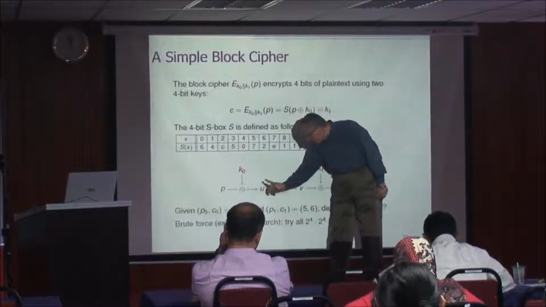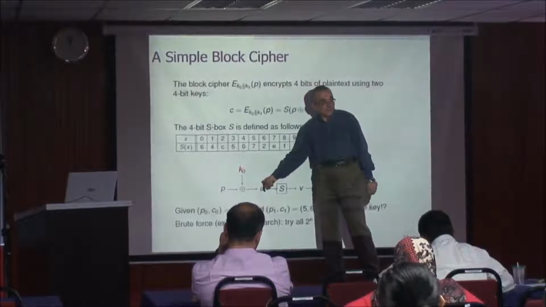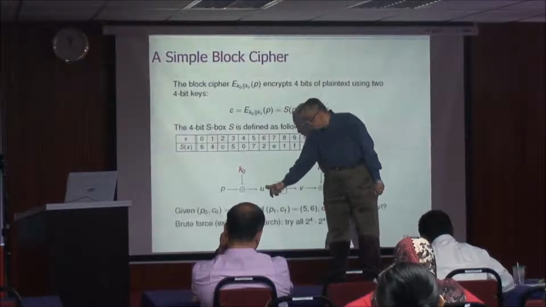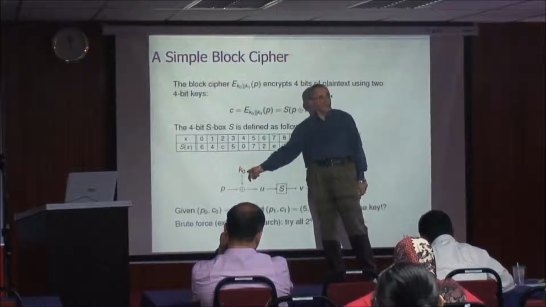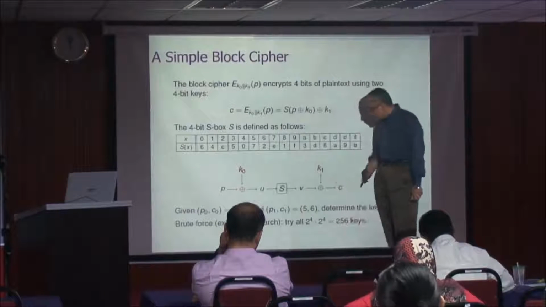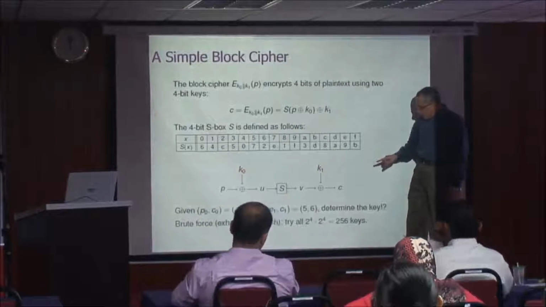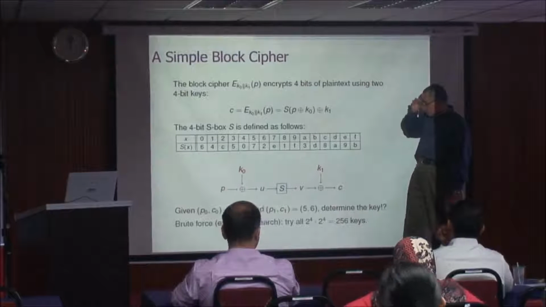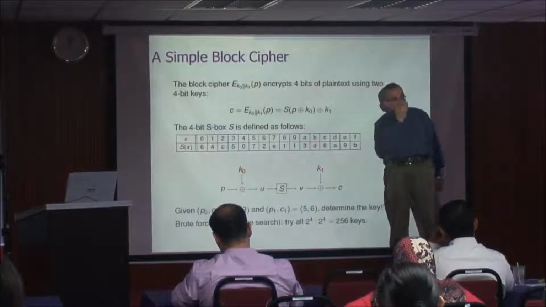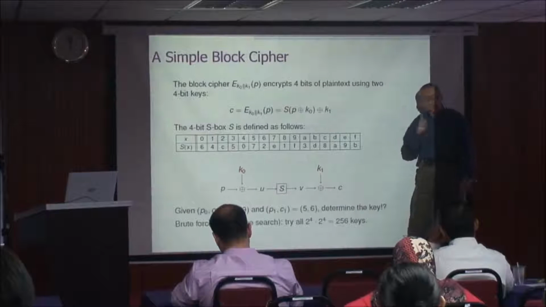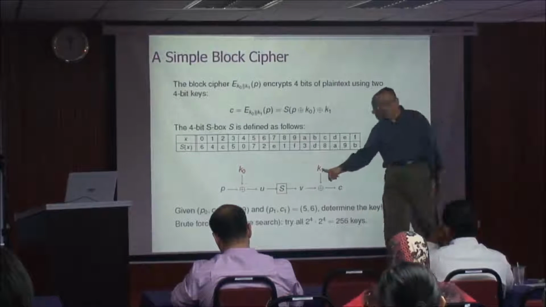So now I know the difference at this point was F between U0 and U1, irrespective of K0. Now I'm going to guess the value of K1, exhaustively trying all the values of K1.